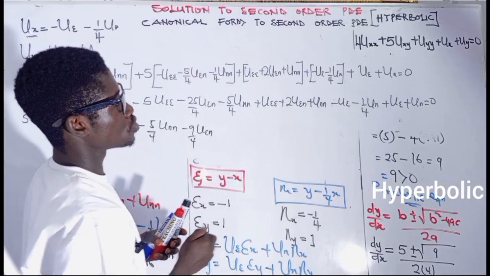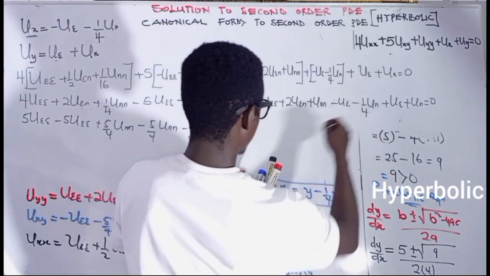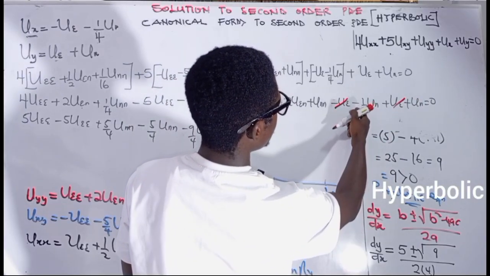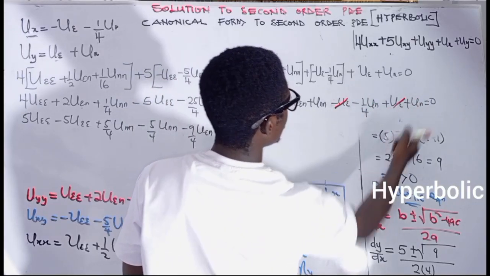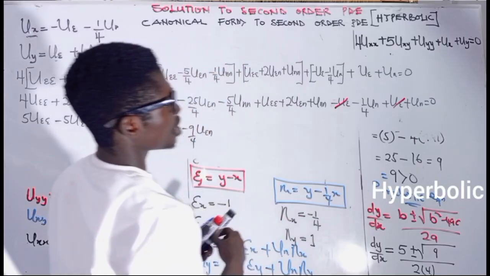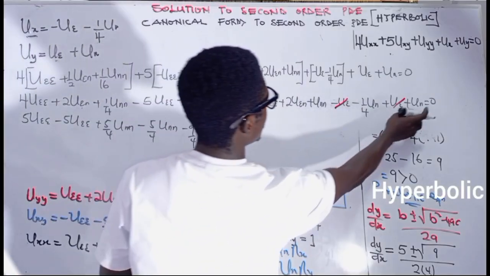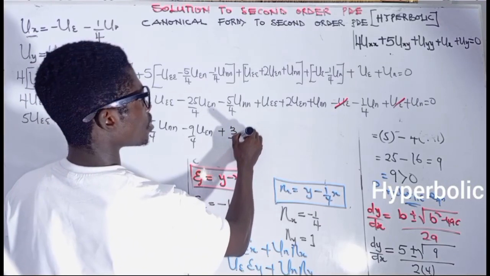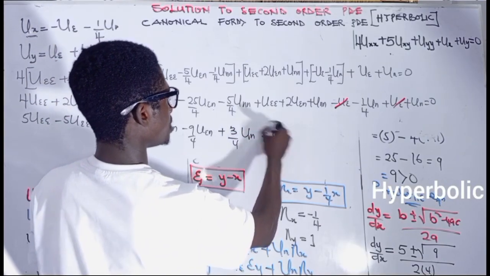Then we move on to the u_xi terms. This and that will cancel, so this and that will give us 0. And then we have minus 1 over 4 u_eta plus u_eta. This and that will give us plus 3 over 4 u_eta is equal to 0.